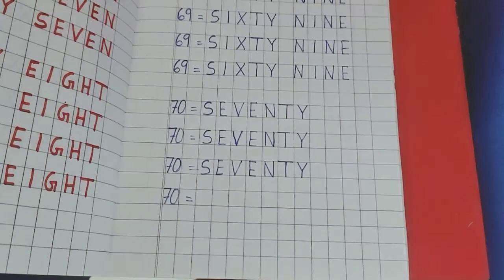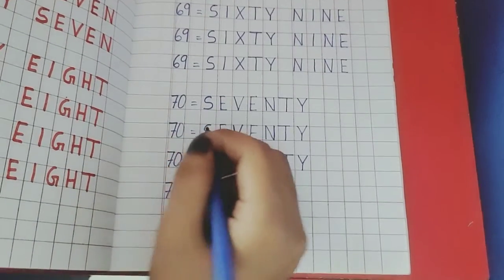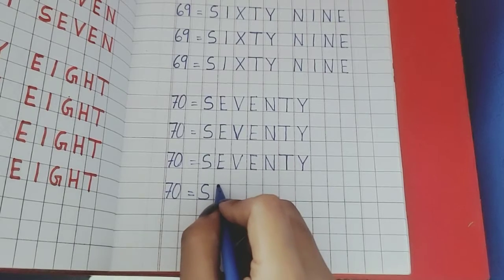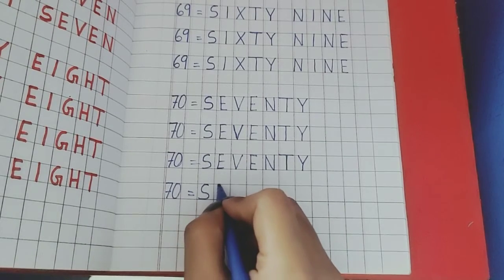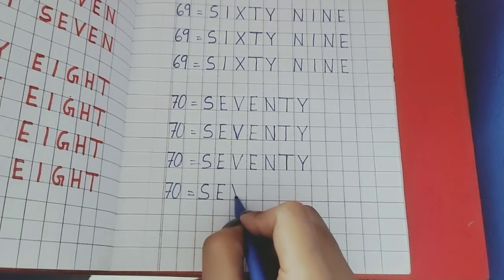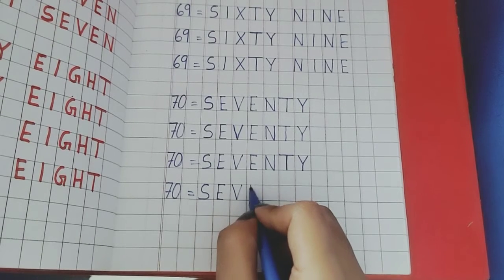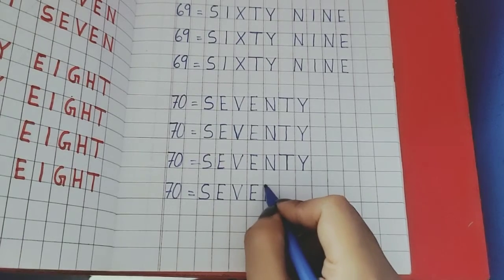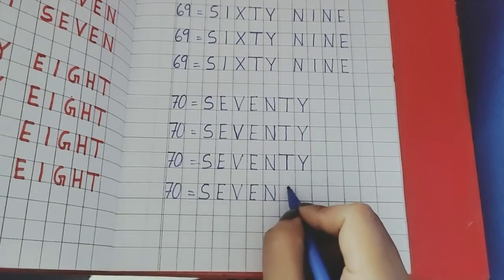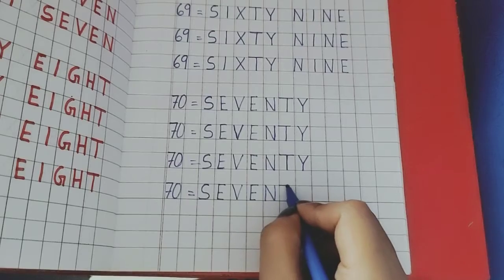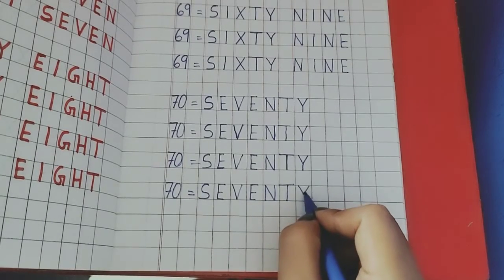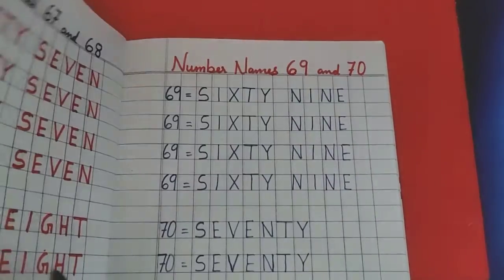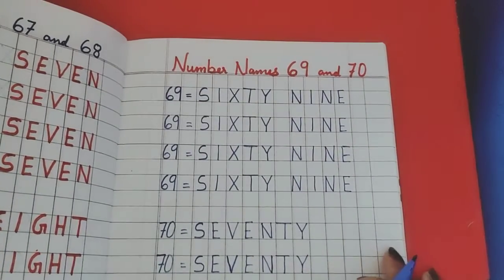What's the spelling of 70, students? Tell me. Repeat with me. S E V E N T Y, 70. Very good. So today we have learned the number names of 69 and 70.